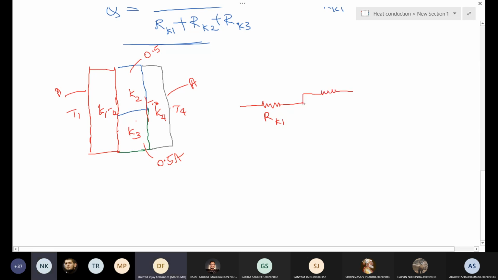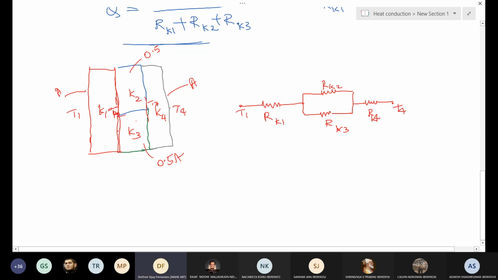Sir, wouldn't there be two temperatures for K2 and K3, on the right side of them? Yeah, I'll come to that point. This is RK4, this is RK2, and this is RK3. Temperature here is T1. Your question is whether the temperature over the entire surface is the same.